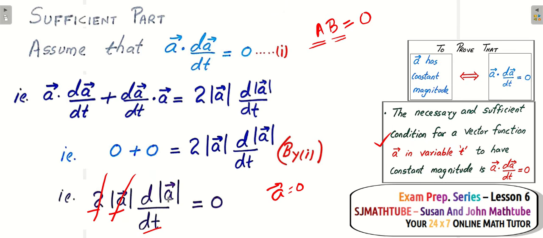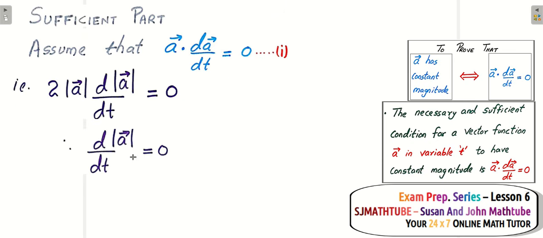So the only possibility is the derivative of modulus of A must be equal to 0. This cannot be 0, this cannot be 0, so the derivative must be 0. Now you tell me whose derivative is always equal to 0?